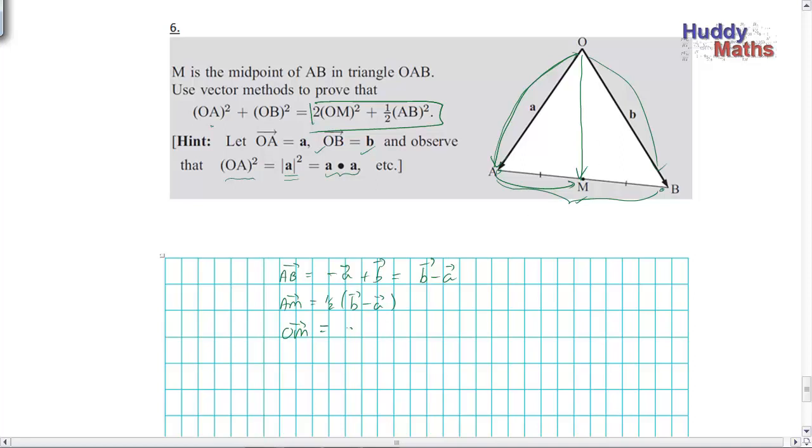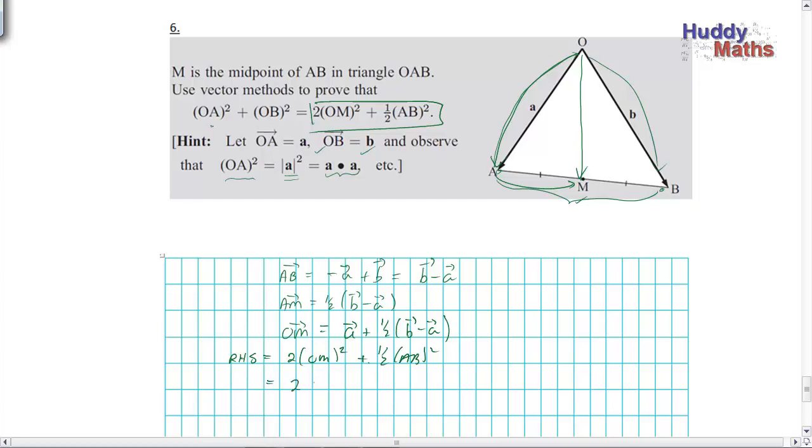So it's A plus a half of B take A. Now that we've got that, we might start with the right-hand side, which is 2 OM squared plus a half AB squared.